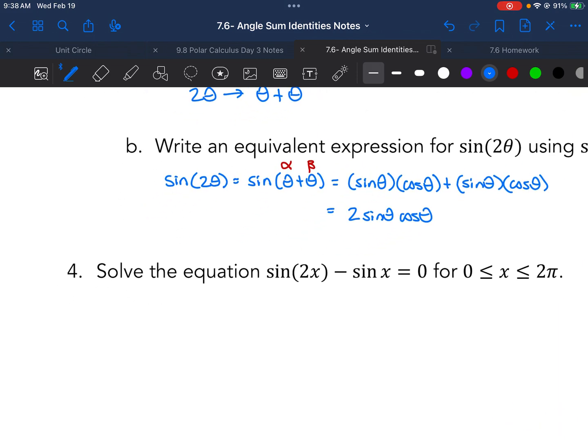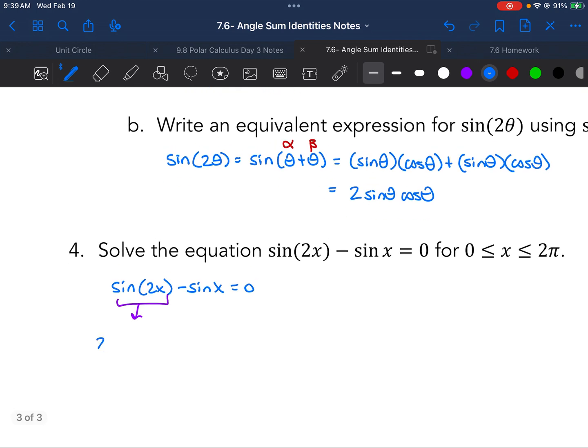All right, number 4. Solve the equation sine of 2x minus sine of x equals 0. Okay. All right, sine of 2x, well, we literally just derived the formula for it. Sine of 2 theta is 2 sine theta cosine theta, so sine of 2x is 2 sine x cosine x.